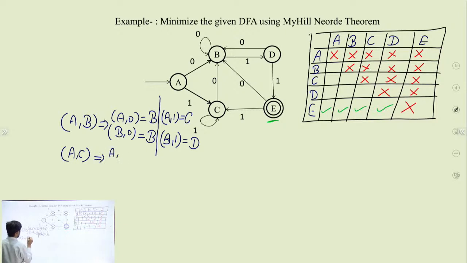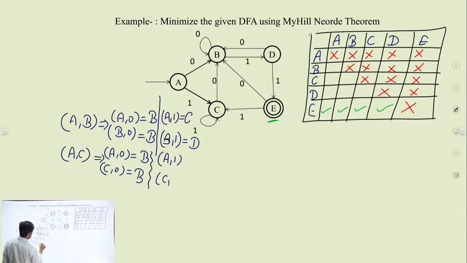A on input 0 and C on 0: A on 0 goes to B, and C on 0 goes to B. Second, A on 1 and C on 1: A on 1 goes to C, C on 1 goes to C itself.